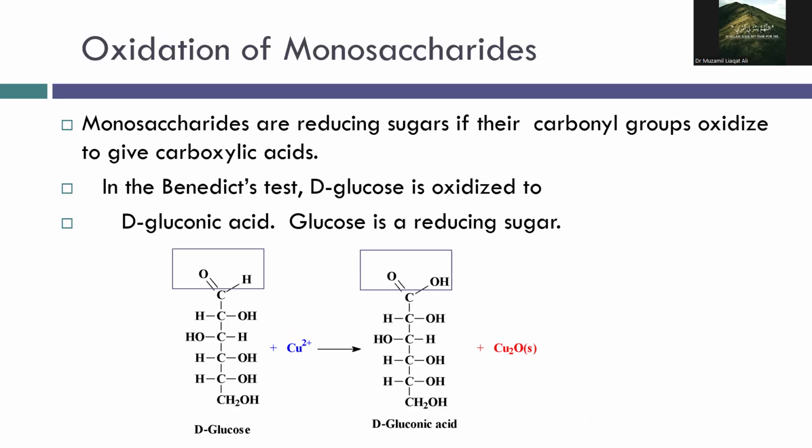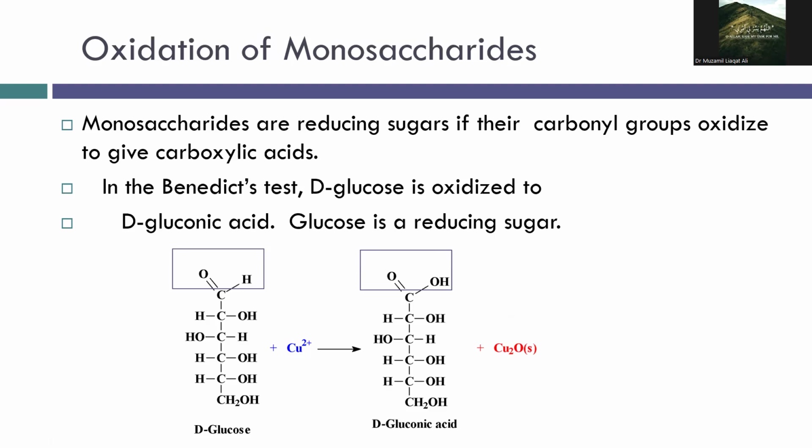Now, the oxidation of monosaccharides. Monosaccharides are readily oxidized at their carbonyl groups. In the Benedict test, D-glucose is oxidized to D-gluconic acid, confirming it is a reducing sugar. Oxidation reactions are classified as oxidation of the aldehyde group, that is C1, the aldonic acid formation or gluconic acid formation, right?